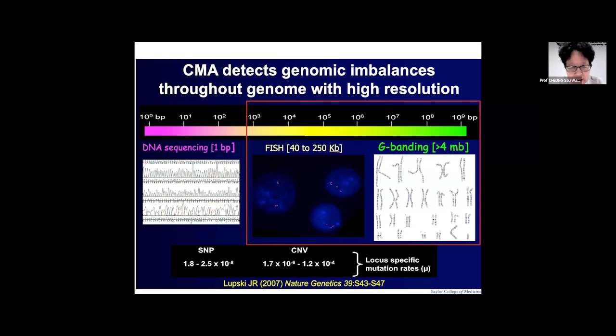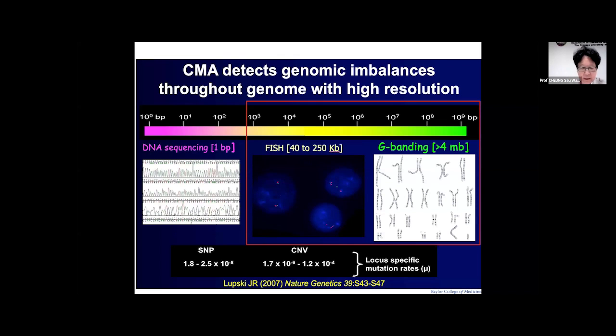Why do we study CNV? Because the mutation rate of CNV is 10 to the minus 6 to 10 to the minus 4, whereas the mutation rate for single nucleotide polymorphism is around 10 to the minus 8. So CNV is 1,000-fold more common than SNP.